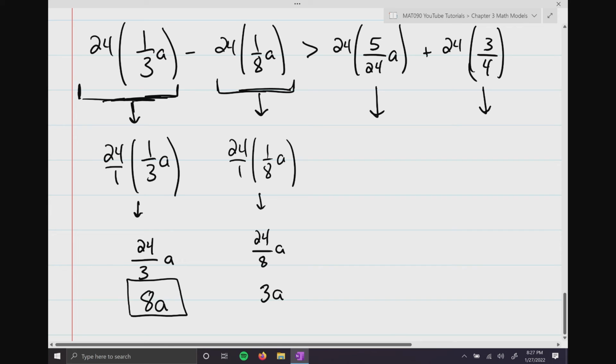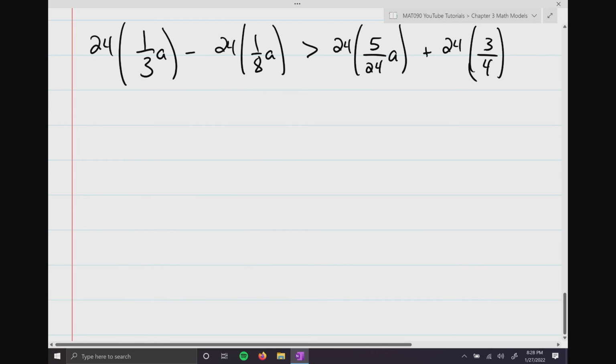So I'm just going to erase the board. You can always go back and rewind if you want to, but I'm going to write out what everything is. All right, so I'm back, and here we go. 24 divided by 3, we established, is 8, so I write 8 times 1A, and copy down the minus sign. Next, 24 divided by 8 is 3, so I write 3 times 1A, which is greater than 24 divided by 24 is 1 times 5A.